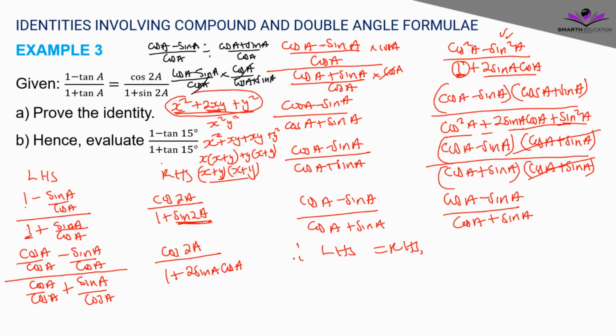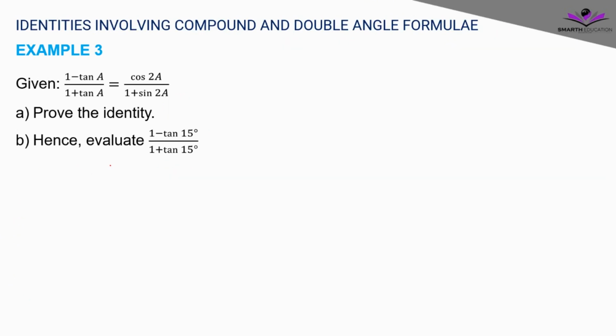Okay, now we have to do part B. Right, part B says hence evaluate (1 minus tan 15) divided by (1 plus tan 15). So this means that we have to use our proof. 15 degrees is just like the a. So it means 1 minus tan 15 degrees divided by 1 plus tan 15 degrees.